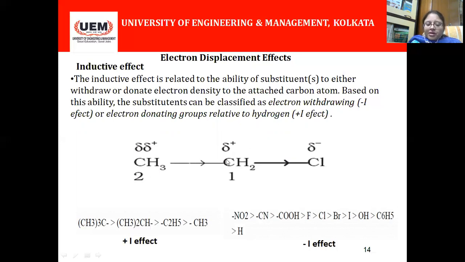As this carbon becomes delta positive, though there is no electronegativity difference between these two carbons, because it is generating some delta positive charge, again it will pull some bond pair of electrons towards itself. So again, a small amount of delta positive charge will generate on this carbon. This kind of polarization of the sigma bond is called the inductive effect. These are the groups which show the plus I effect. These are the groups which show the minus I effect.